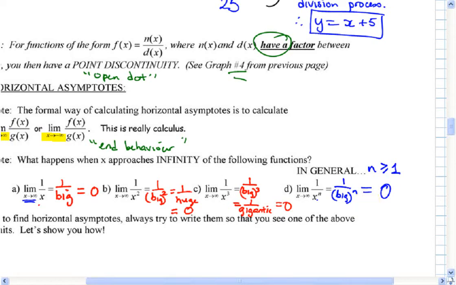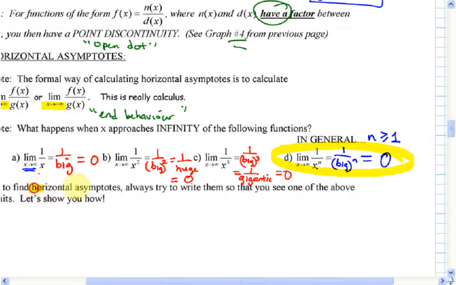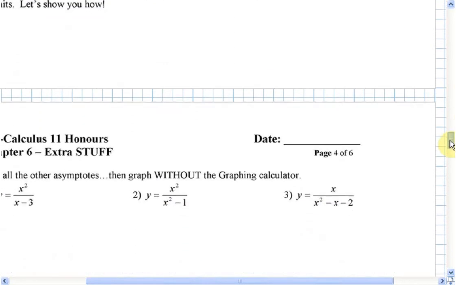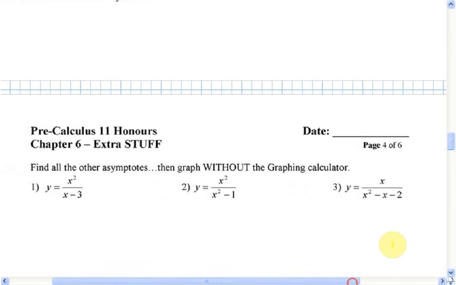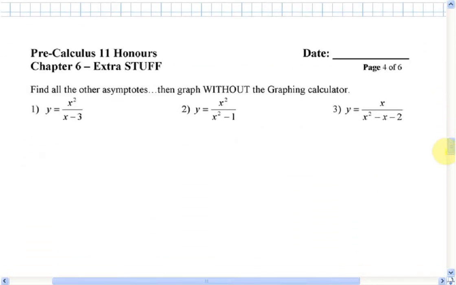We're going to use this idea a lot. Let's turn the page, and let's try to find out how you can solve for these horizontal asymptotes. Okay, let's do one together.